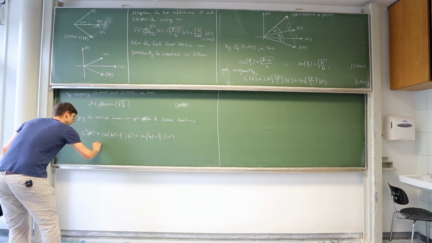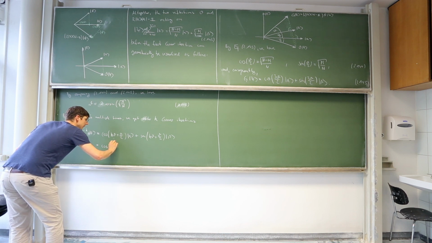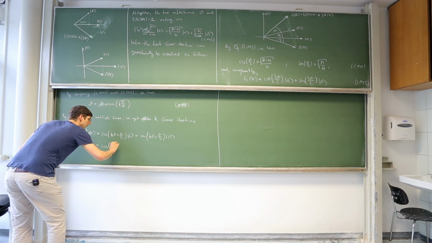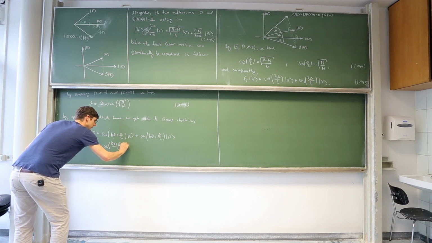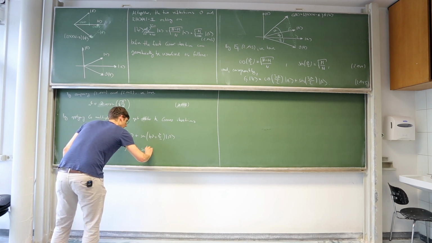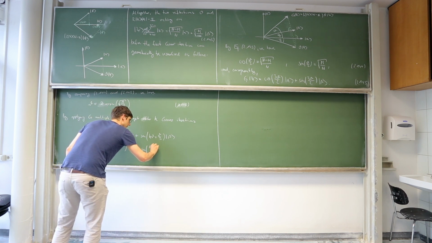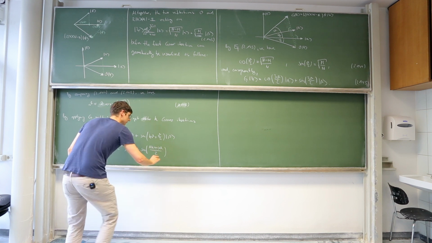This is the same as cosinus of 2 times k plus 1 theta divided by 2 alpha plus sinus of 2 times k plus 1 theta divided by 2 beta.